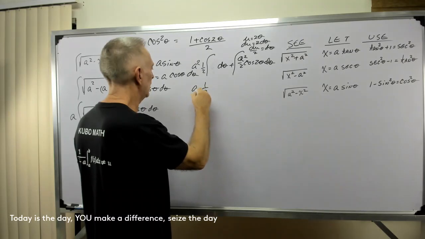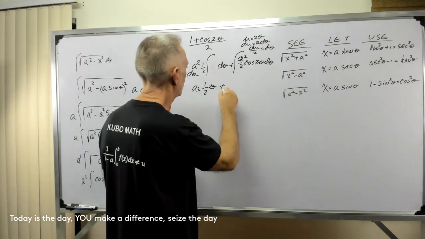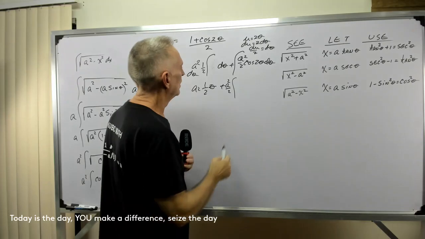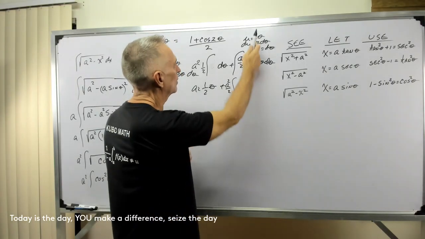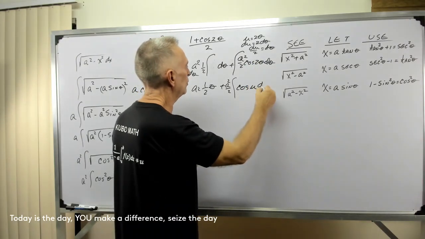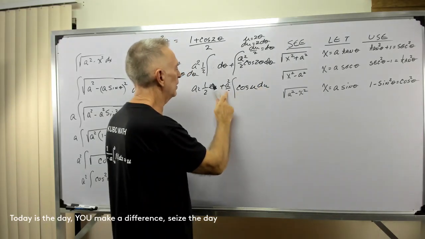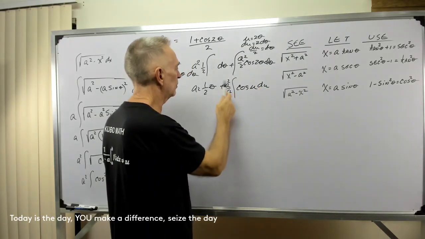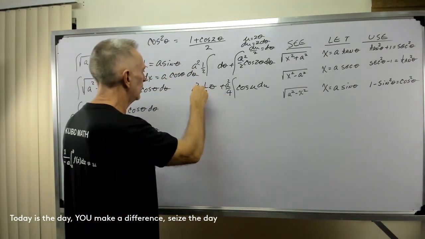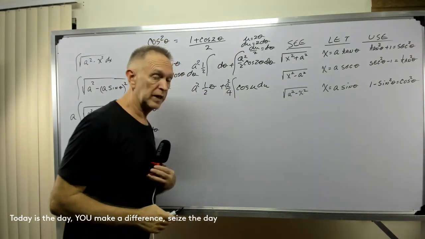So I have a squared times 1/2 theta plus the integral, I'll move that a squared over 2 outside, cosine u and du over 2, but I'm going to move that 1/2 over here, which will make 1/2 times 1/2 a 1/4. So I have a squared over 4 times the integral of cosine u du.